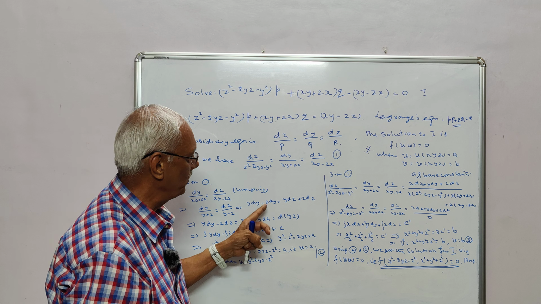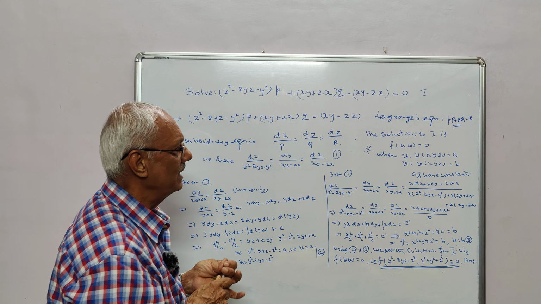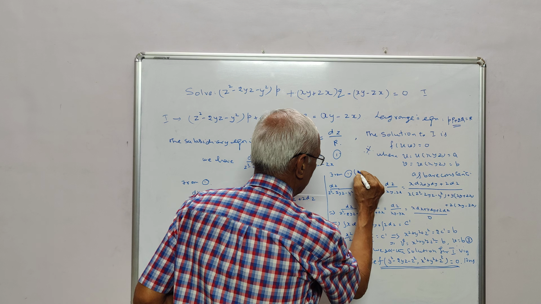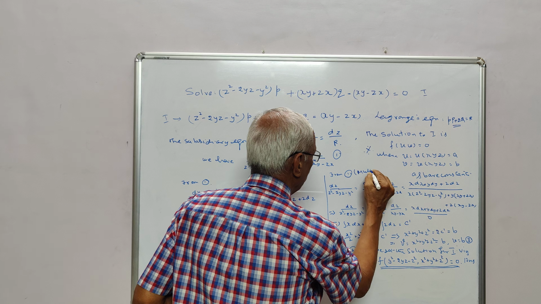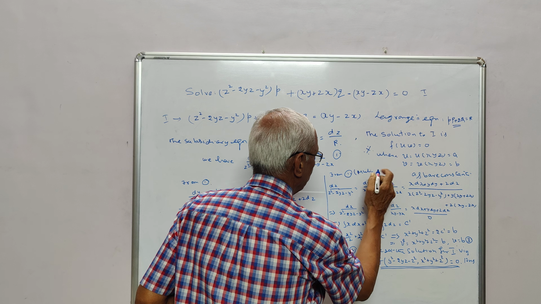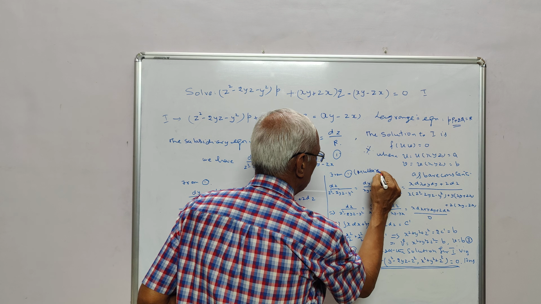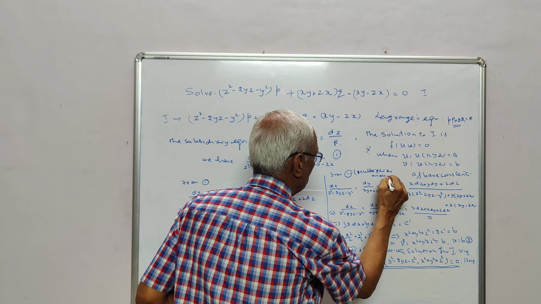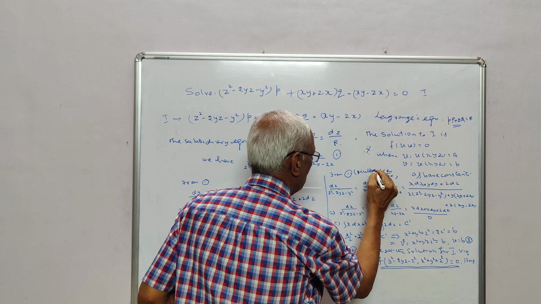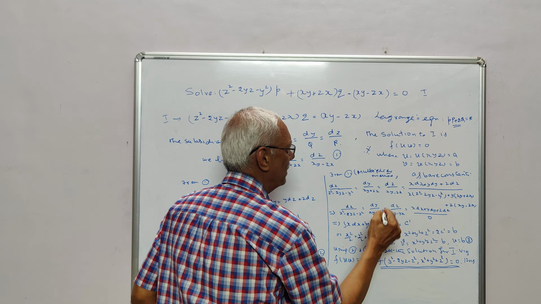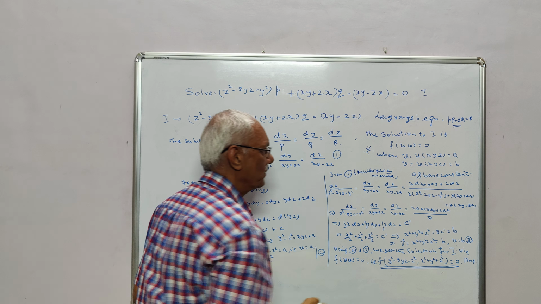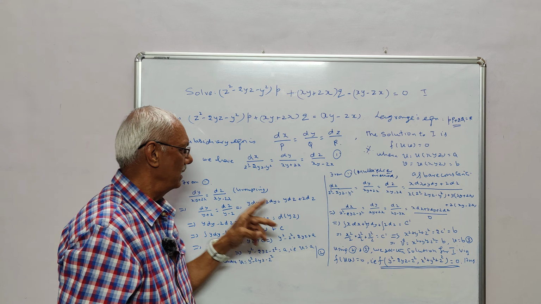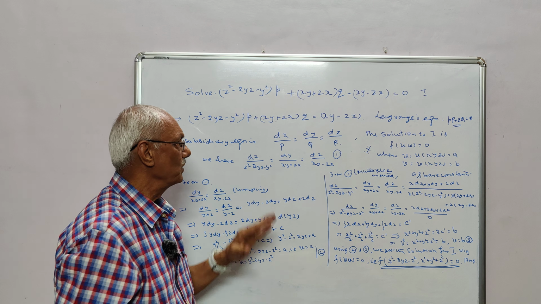One is called the grouping method, and the other is the multiplier method. First I explain the grouping method.